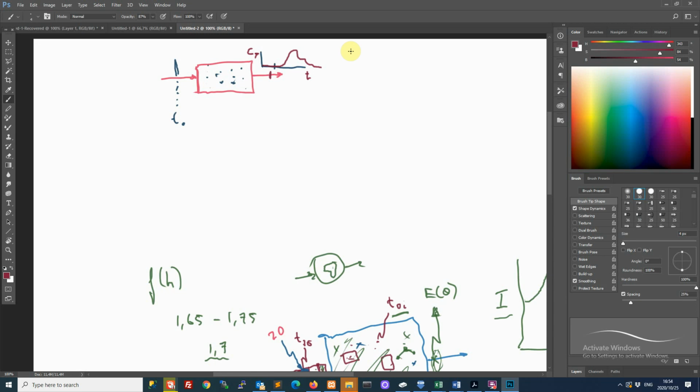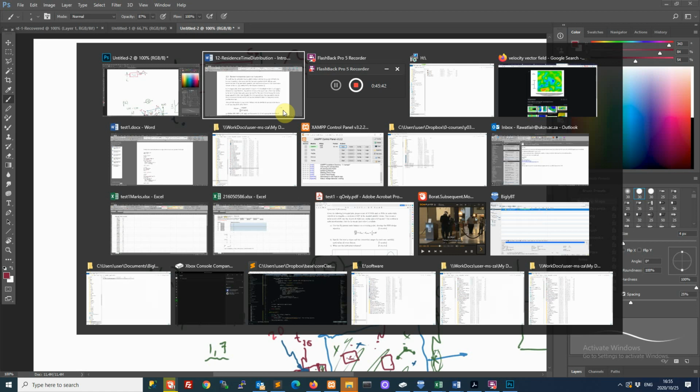So we pulse some tracer in here, and then we can observe out here, we can keep taking samples and measuring the concentration of salt in this stream. There's nothing wrong with doing that. This is something that's practical and doable in any reactor. Okay, so we have a concentration of tracer.